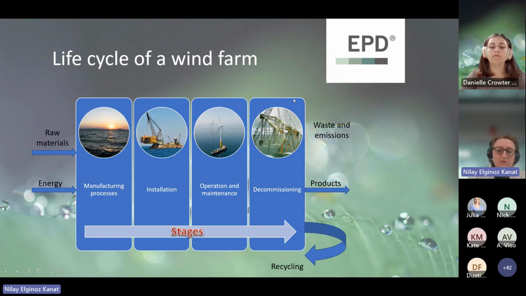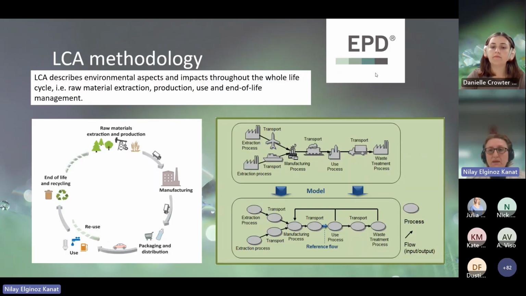When you have this, you need to make it as a model, because we use some software and databases to make these calculations for LCA. And there you need to make such models that you start from the extraction processes, and you need to know how much transport you are making, what happens in the use process, and all the waste and emissions here and there, in every process.